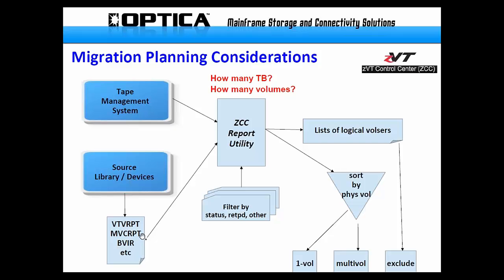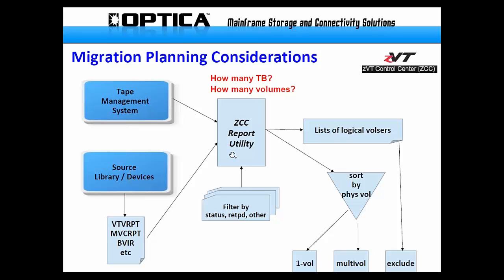They have something that tells us which logical volumes reside on the physical cartridges, because we want to be able to order the volumes as we mount them in the order they appear on the physical cartridge, so that we aren't constantly flooding the source cache with new requests for volumes. We want to mount all of the volumes that reside on a single physical volume. We'd like to process those together.